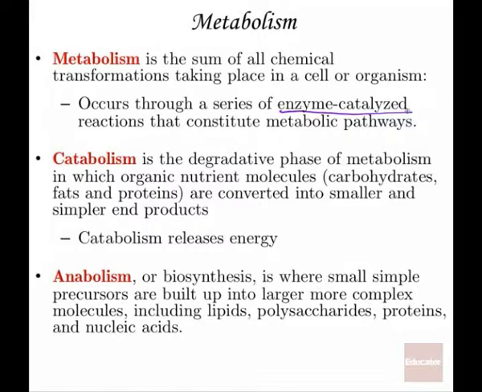Catabolism, again to review, is the process by which we take more complex molecules and break them down into simpler forms, and by doing that we produce energy. Anabolism is the opposite: the synthesis or creation of more complex molecules from simpler ones, and that by definition requires energy.